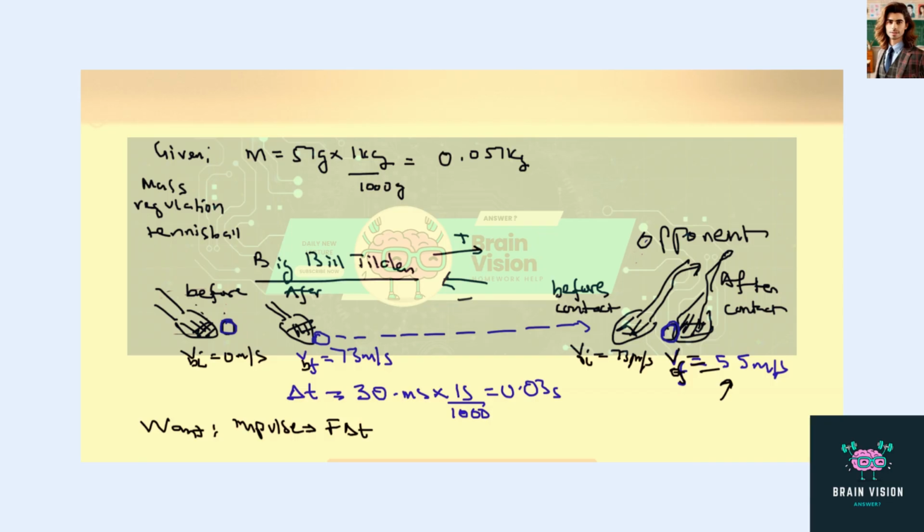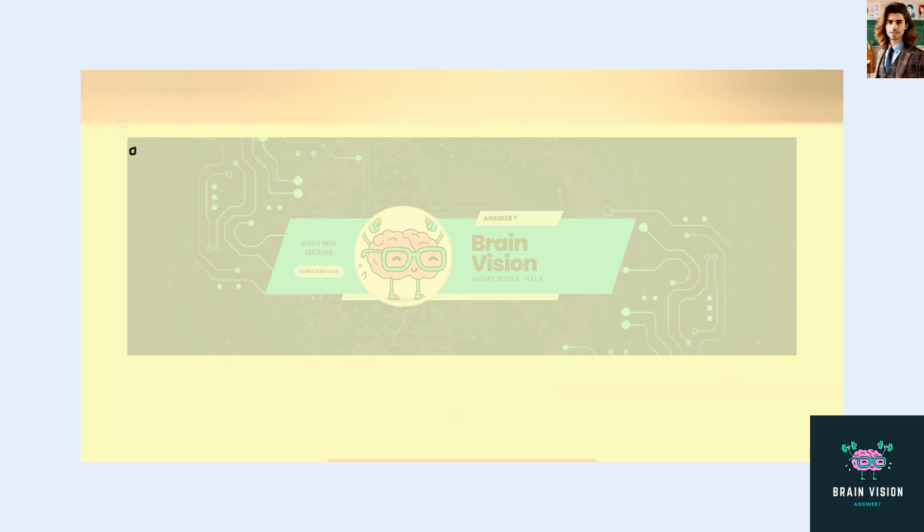So we want to find the impulse of both Big Bill Tilden and the opponent, and we also want to find the force, for both of them. So in part A, we're going to go to the next page. In part A, we're going to deal with Big Bill Tilden.